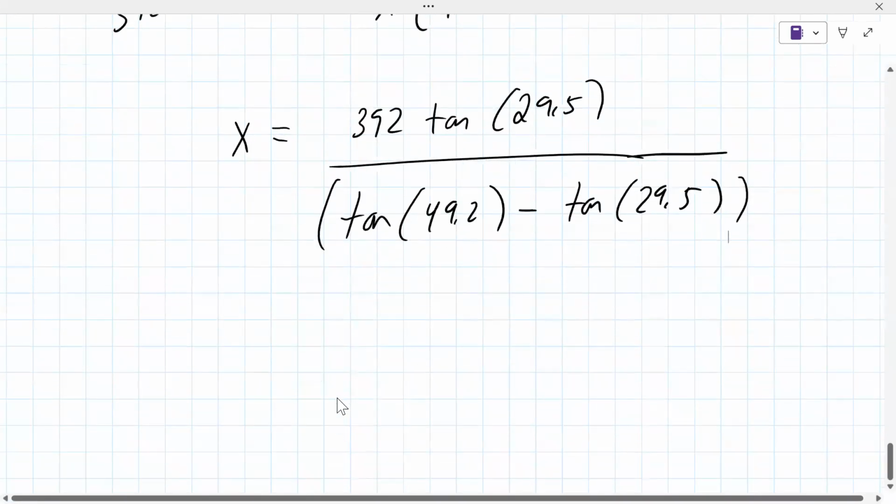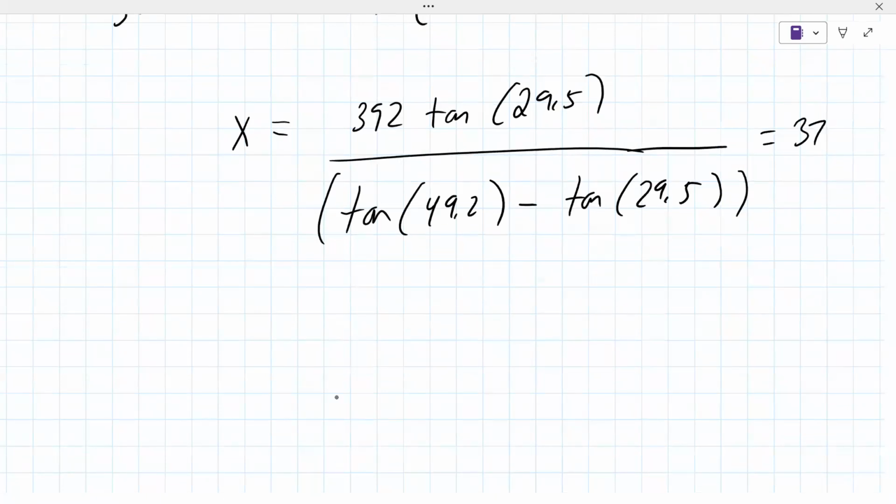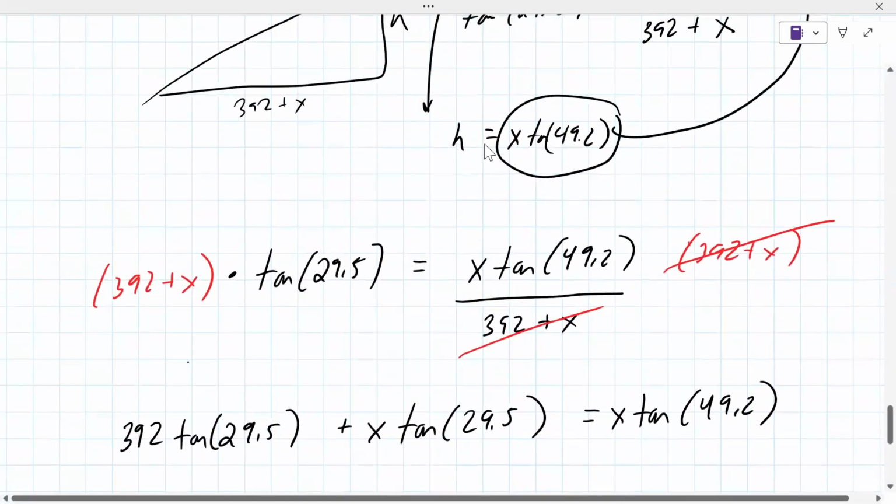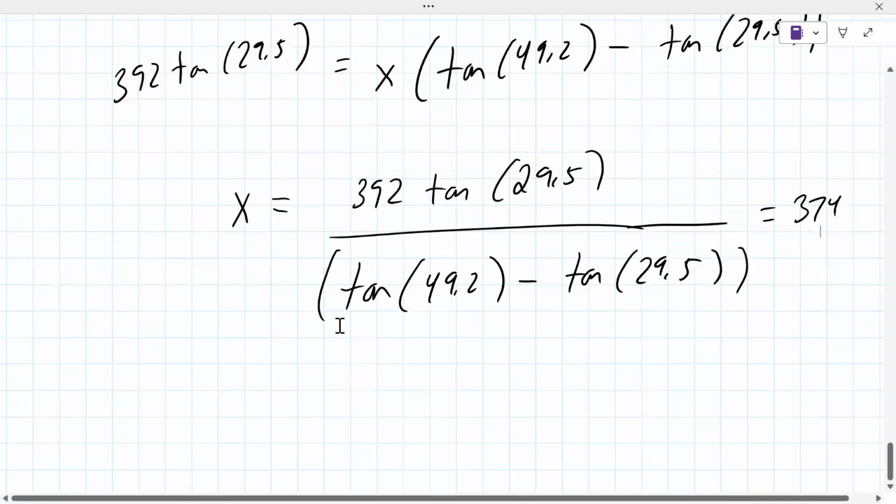374.17. Okay, so just like before though, they want the height, so you're not quite done. You have to go back to the height equation, which is x tangent 49.2.